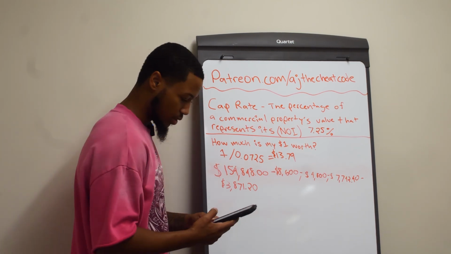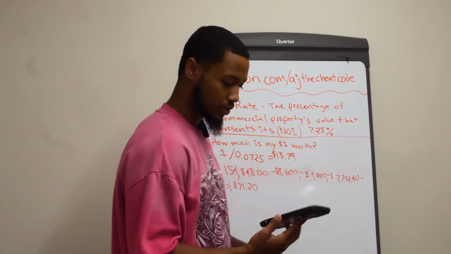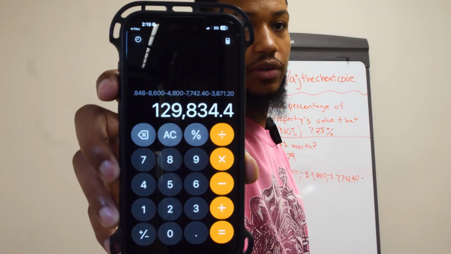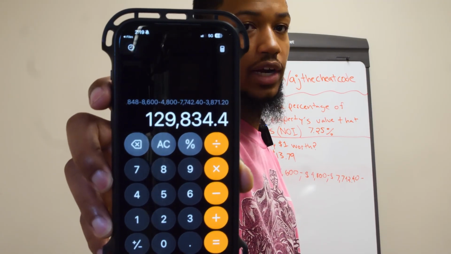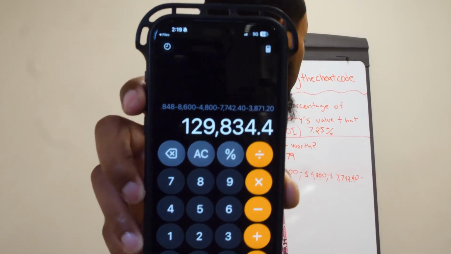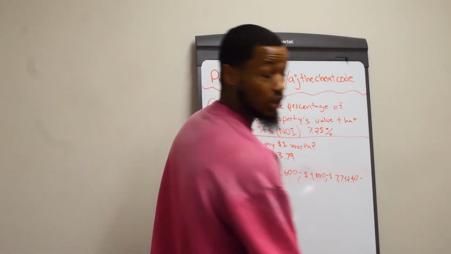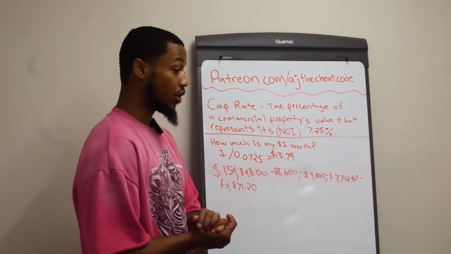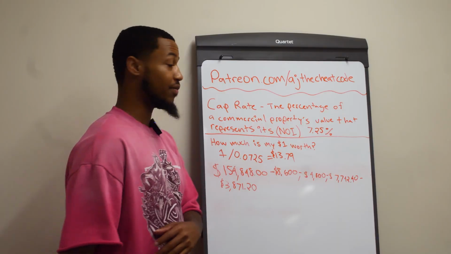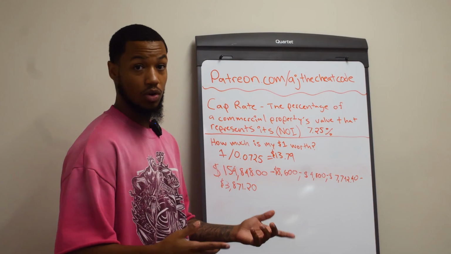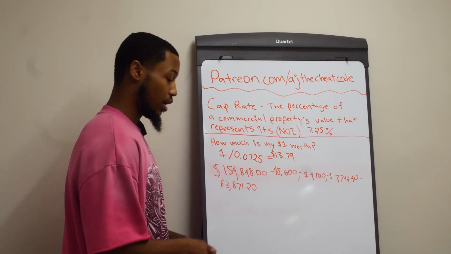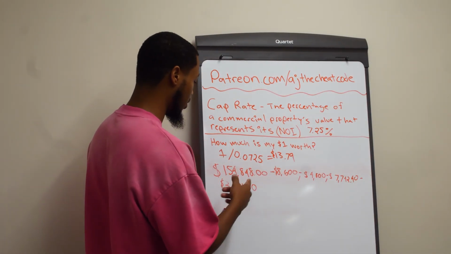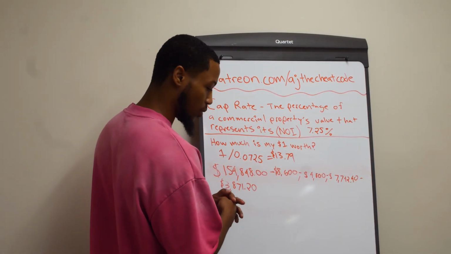So out the door, it's $129,834.40, right? That's not including late fees. That's not including any other material costs that I may have added to the property or value that I added to the property. That's just a straight up number when I subtract everything that's going to reduce this NOI.